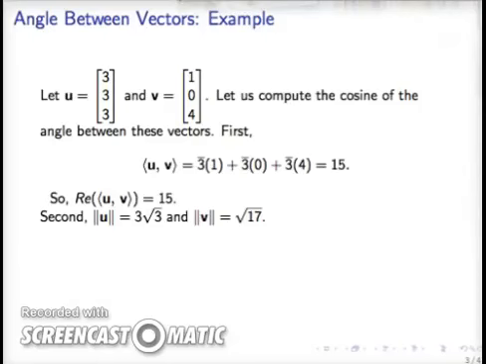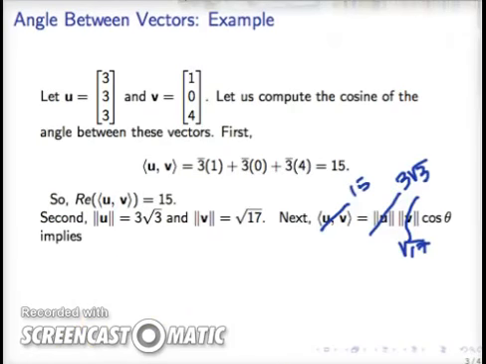So we can use this information on both sides of the equation. In the formula that involves the inner product and the cosine of the angle, we replace the inner product with 15. We have a number for the norm of u, another number for the norm of v, and the only thing unknown is cosine of theta, and specifically theta.